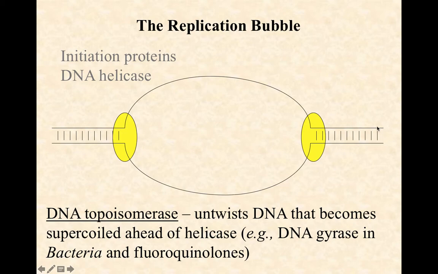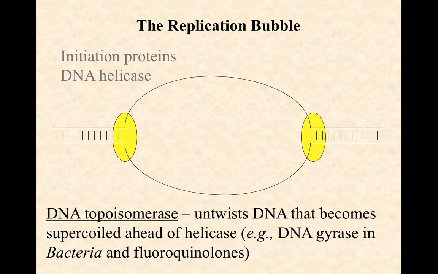And it's going to keep jumping ahead of the bubble in both directions, untwisting that DNA that's becoming supercoiled ahead of the DNA helicase. So for example, in bacteria, there's an enzyme called DNA gyrase. It's one of these topoisomerases. We use DNA gyrase because these topoisomerases have to have two different activities, don't they?